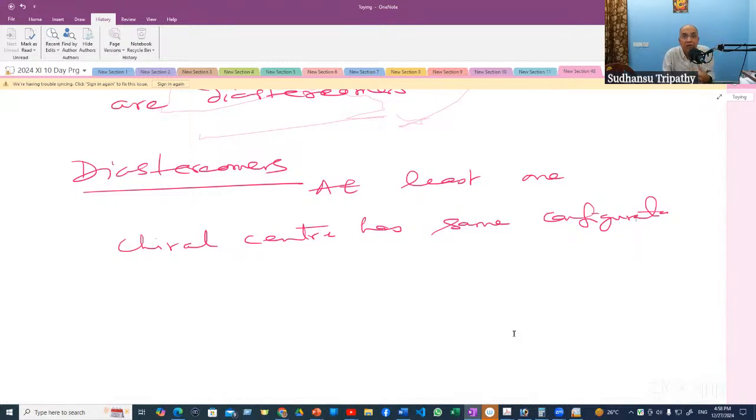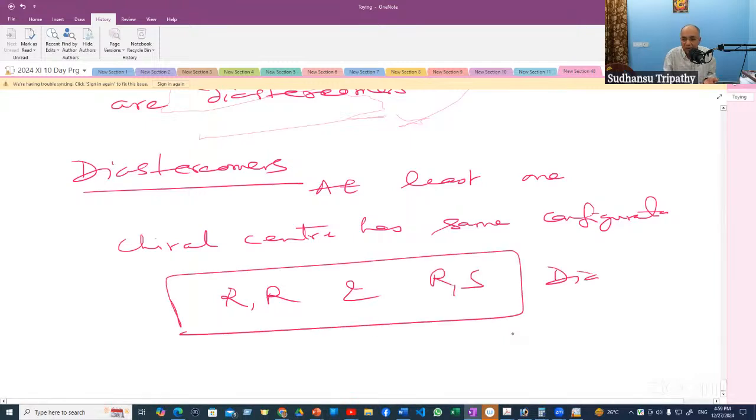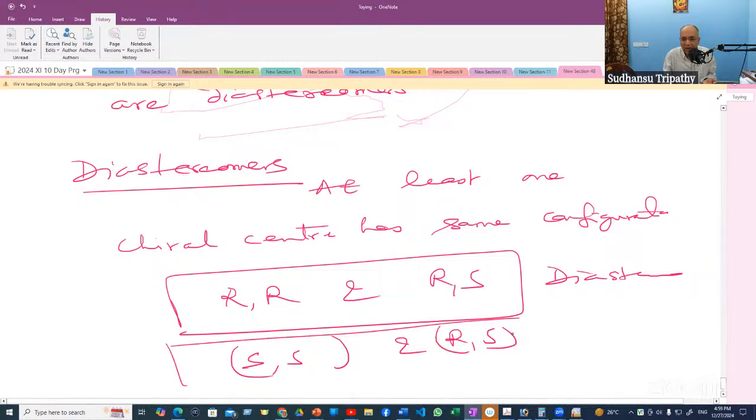They are not mirror images. If you change all of them, it becomes enantiomers. So RR and RS, this is a pair of diastereomers. SS and RS, same thing, they are also another pair of diastereomers.